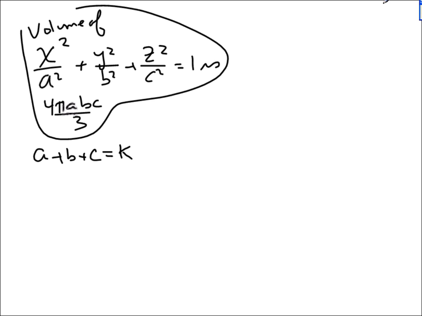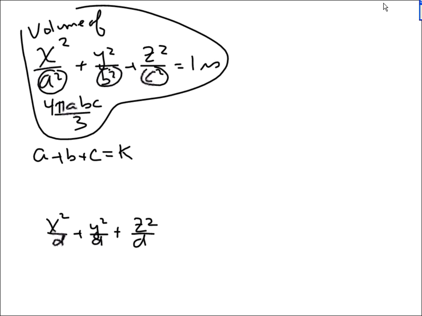If they actually asked us to show that, if this is fixed, the ellipsoid of maximum volume is a sphere. Now, keep in mind, if A, B, and C are the same, call it D. If you have x squared over D plus y squared over D plus z squared over D, so D equals a squared.